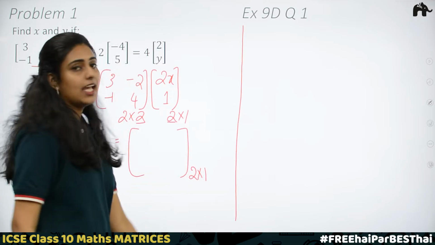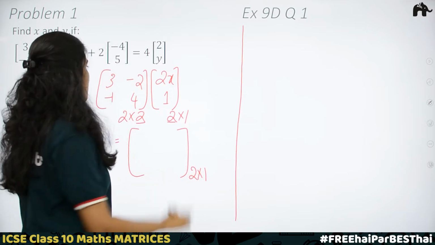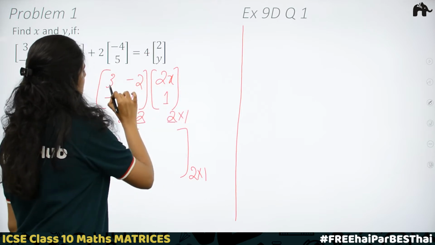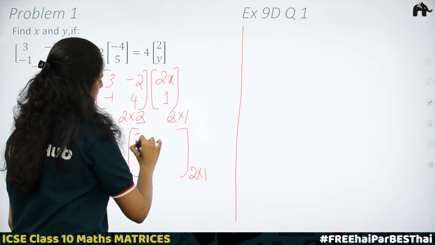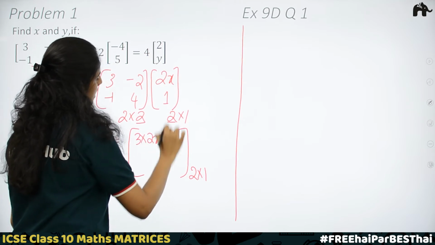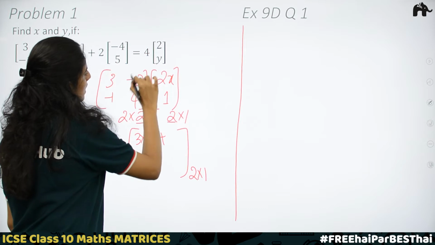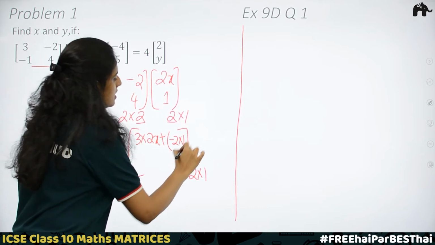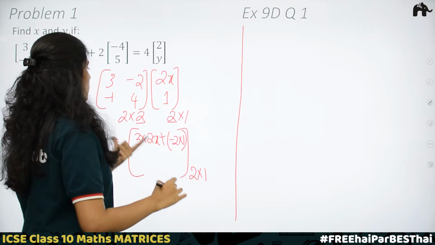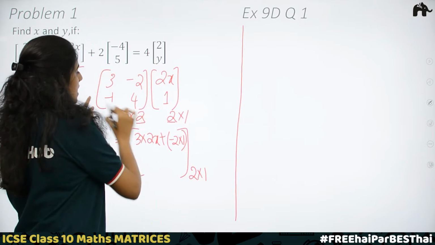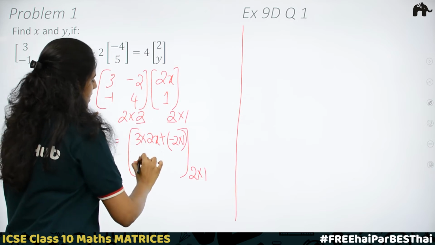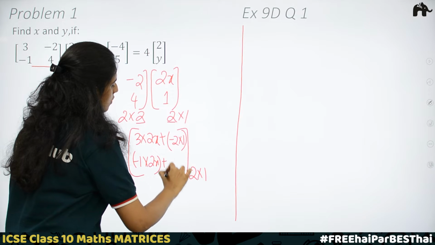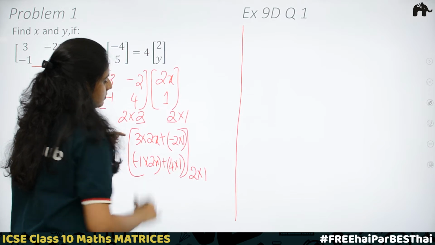Now to find the elements of this 2 by 1 matrix. Considering the first row and this column: 3 into 2x plus minus 2 into 1. This is the first element. Then to get the second element, we consider the second row and this column: minus 1 into 2x plus 4 into 1.